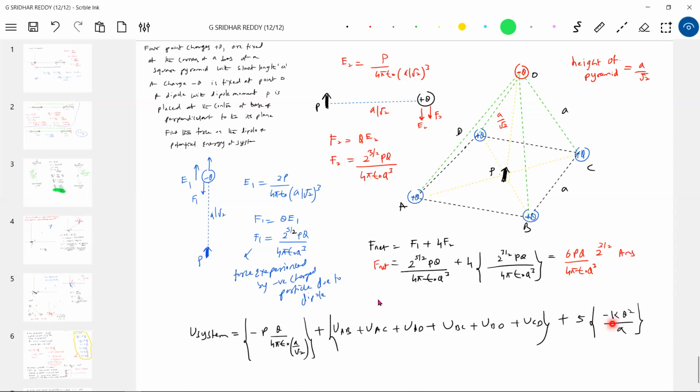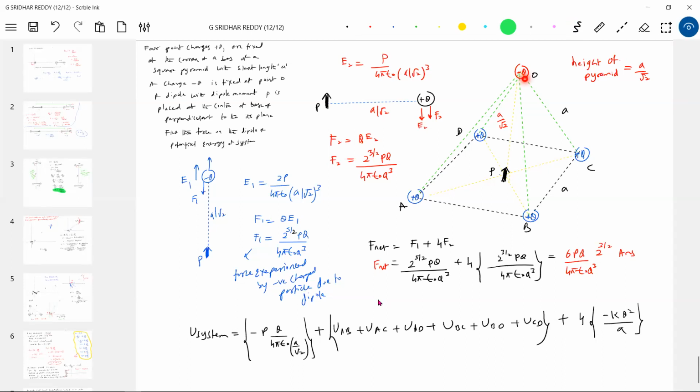What is this? What is the distance between a charge at the point O of the pyramid, which is the apex of the pyramid, and the corner? The separation is A, the slant length, and K Q square by that. 5 interactions will be there by this. I think 4 interactions. Sorry, 4 interactions.